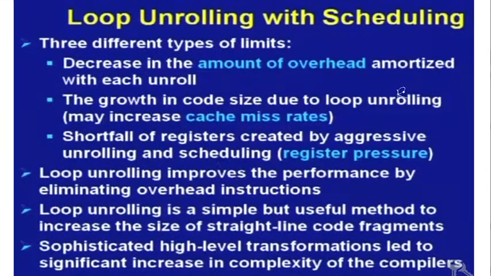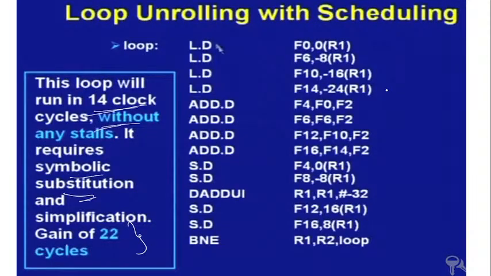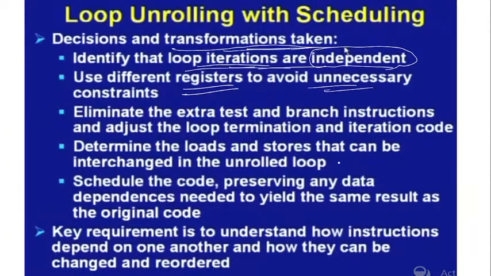The registers here you can see, observe, it is renamed to F0, F10, F14, F6, F12. The registers are different, and eliminate the extra test and branch instructions, and adjust the loop termination and iteration code.